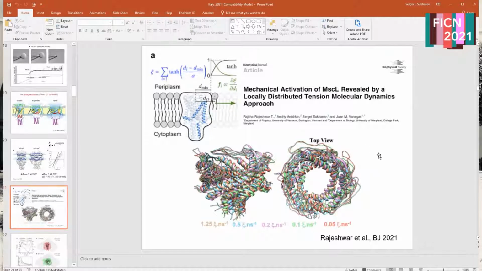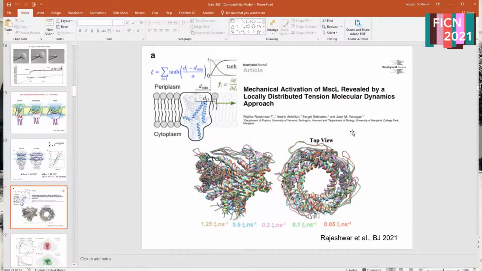So very recently, basically this January, Rajita, Juan Vanegas, and us published this paper in Biophysical Journal, which provides the first reliable simulations of how to drive this channel into the open state, because Bob Guy's model was built just by hand, by his wonderful intuition.